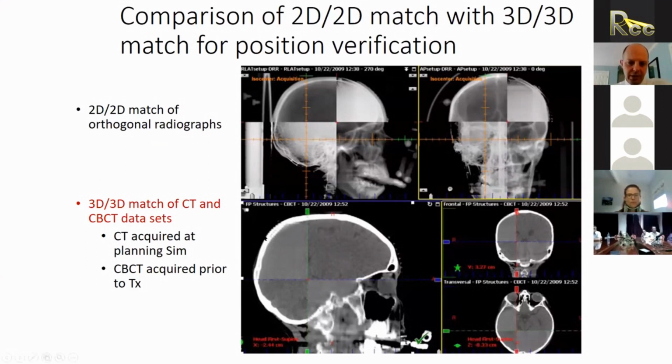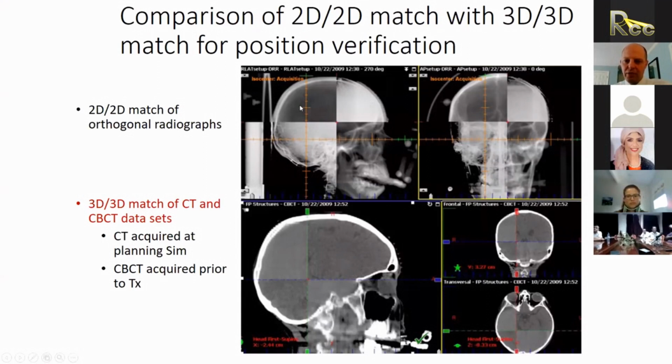This quadrant and this quadrant are from our planning CT, and the top right and bottom left quadrants are from our cone beam CT, which has pretty good quality for this head case. We're looking at a single slice through that CT, so you could even see a little bit of the soft tissue in the brain that could potentially be used to match as well. And same here, this is a different plane and a different plane. So you can get a full 3D match with this kind of CT to CT registration.